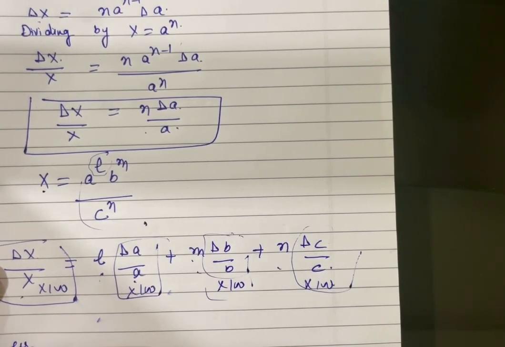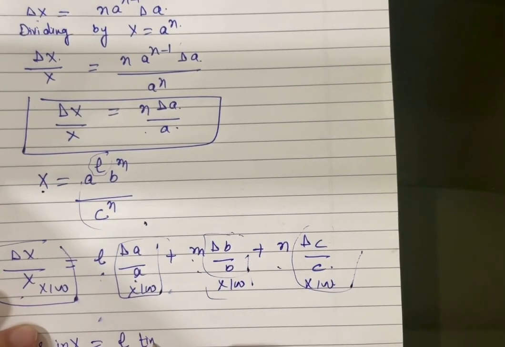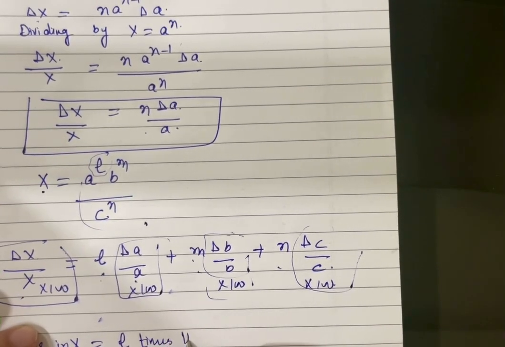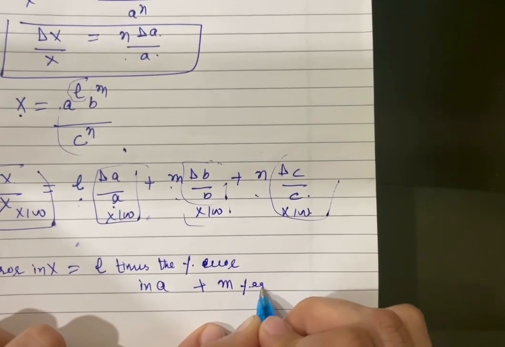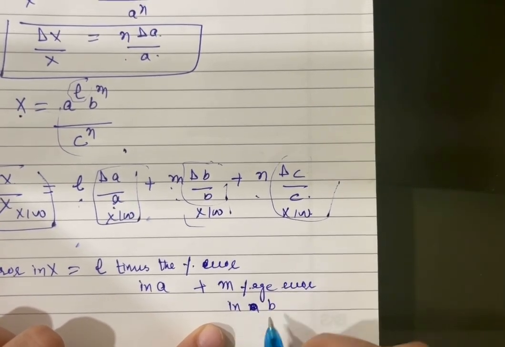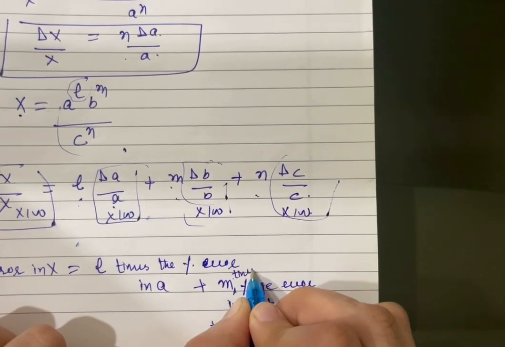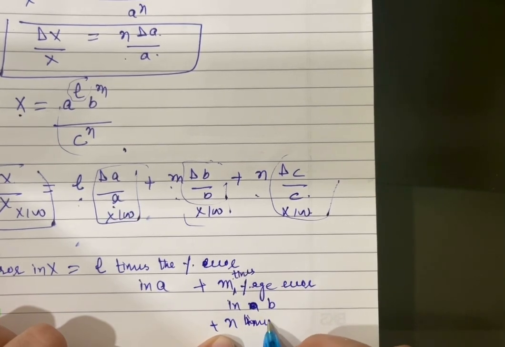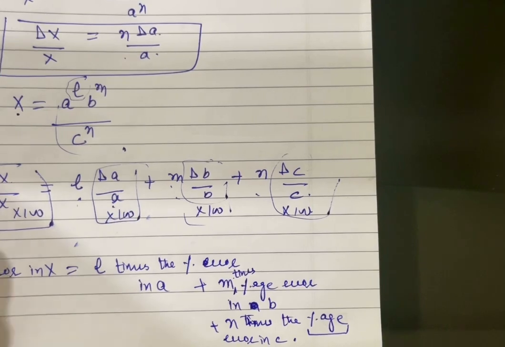The percentage error in X is equal to L times the percentage error in A plus M times the percentage error in B plus N times the percentage error in C. Okay ji beta.